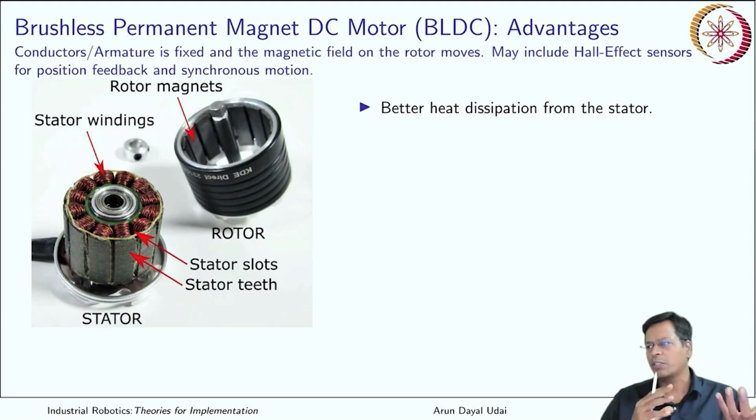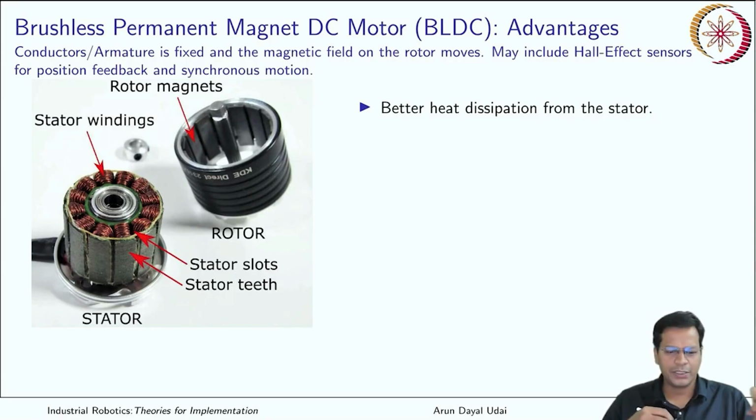The stator will be stationary and will carry the rotor magnet along with it. That is the standard principle of any motor, not just this one. These types of motors may include a Hall effect sensor for position feedback and synchronous motion development. You'll see that in detail now.